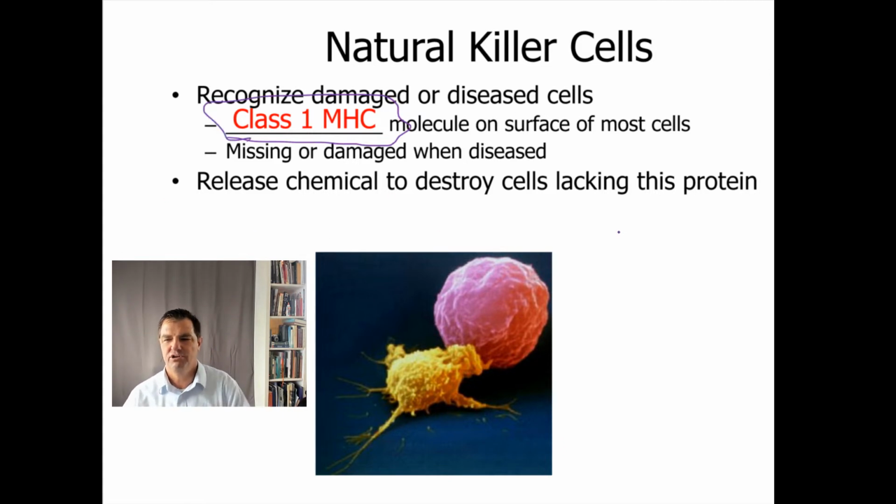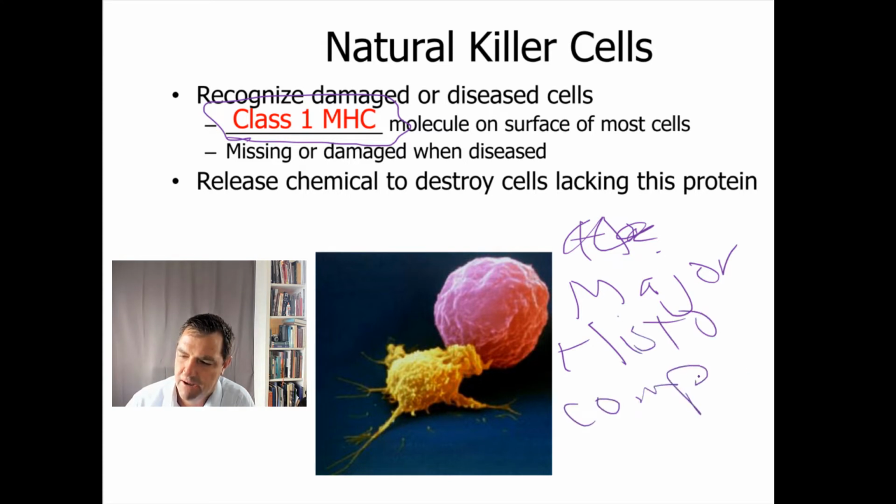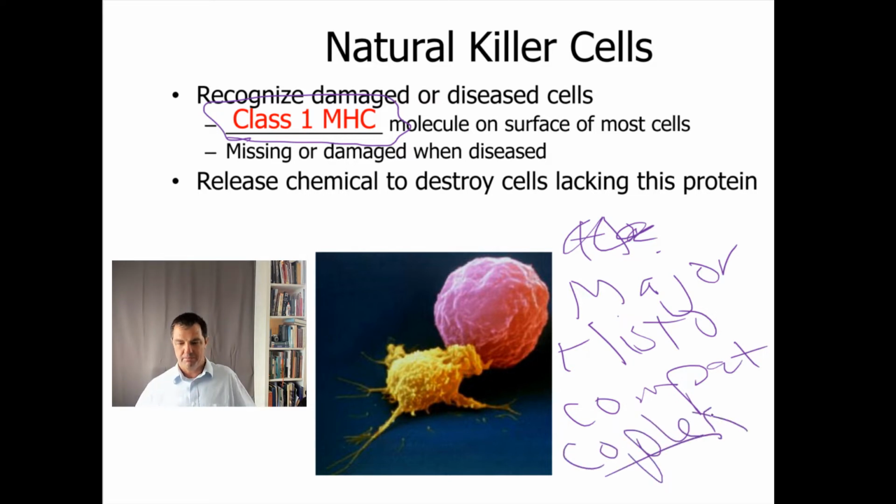MHC stands for major histocompatibility complex. There are different types. On all your cells, you're supposed to have a class 1 MHC. That's how your immune system recognizes your own cells.